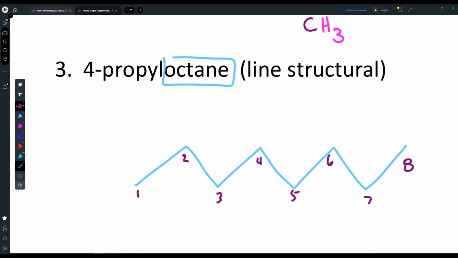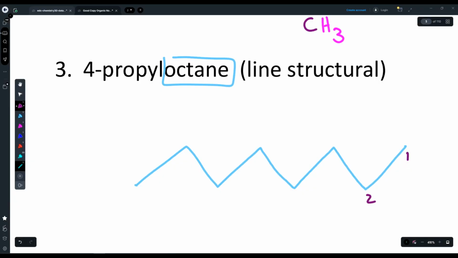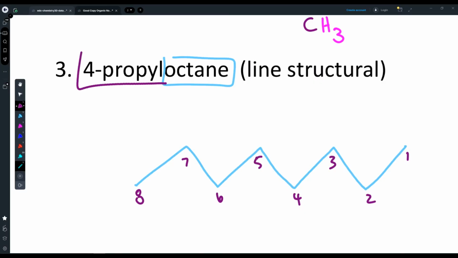When I'm drawing compounds, oftentimes when I'm numbering, I'll just start from the left side and go to the right. But technically, if you wanted to, you could start numbering from the right and go left, like this. So long as you follow what the name says, and for this one, put the 3-carbon branch on carbon 4 of the parent chain, you are good.